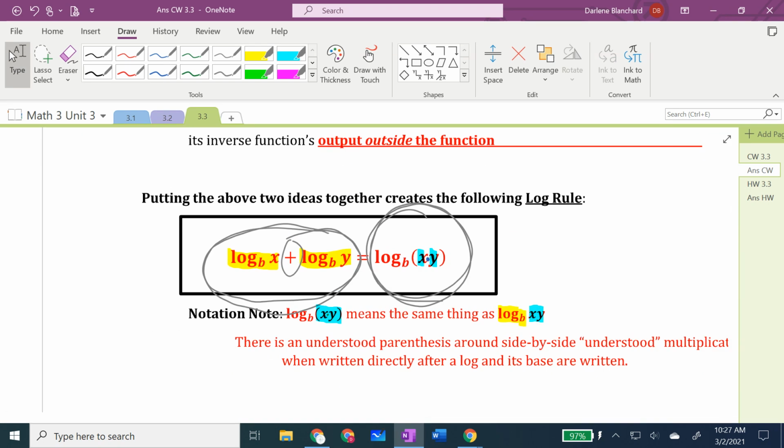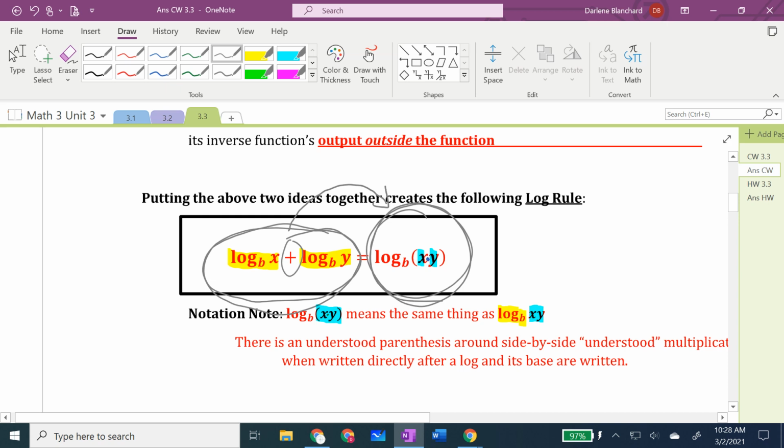Okay. Anyway, so you're looking for logarithms that are adding, and you are going to use the log rule in this direction. You're going to condense two logarithms into one logarithm, but you have to be very clear about the operations.